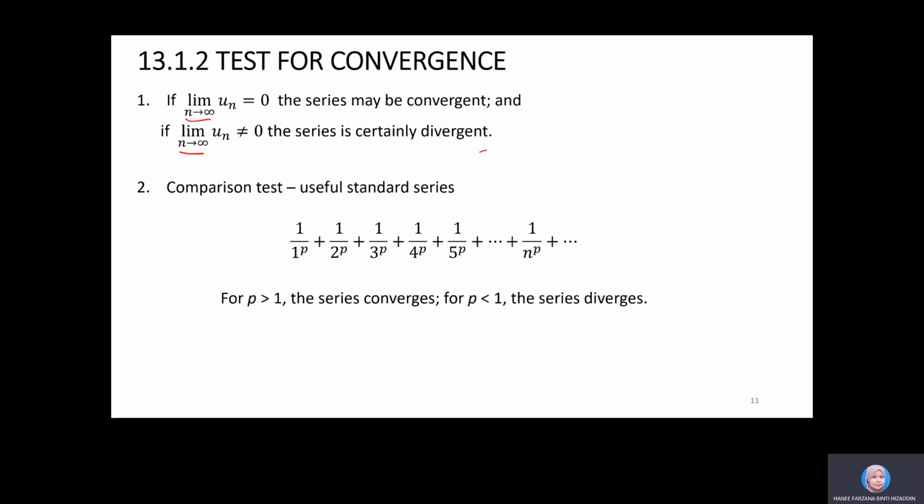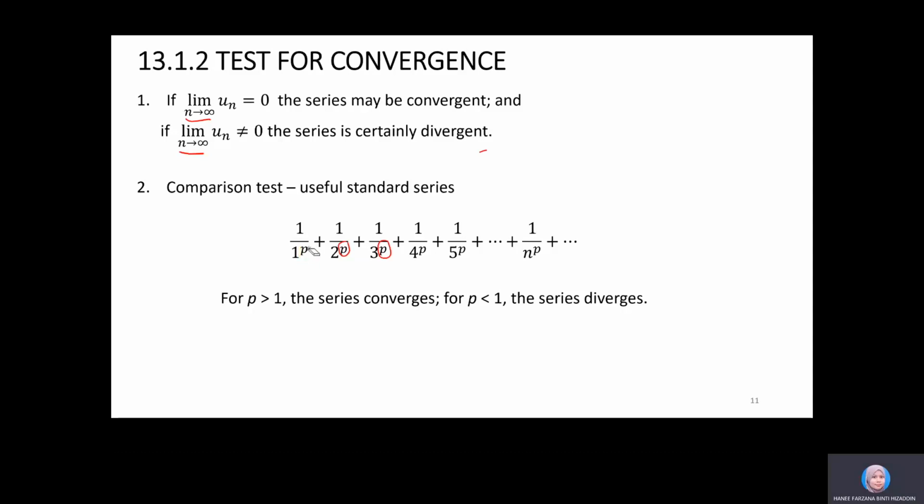Another test is to use the comparison test, similar to what we learned in the early topics of integration, where we use the comparison test to see whether the function is convergent or divergent. We can use a standard series, looking at the value of the power, the index P here, to see if it is divergent or convergent.